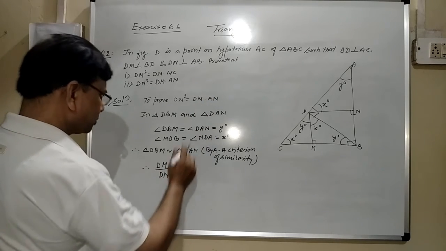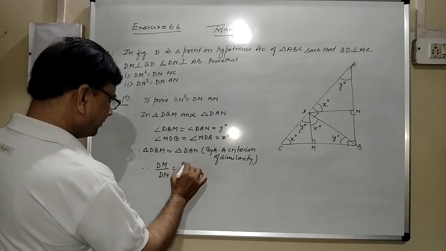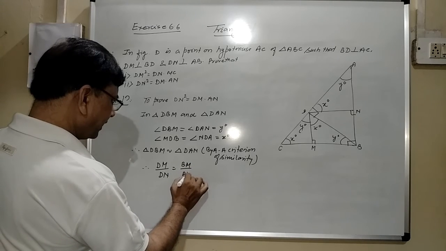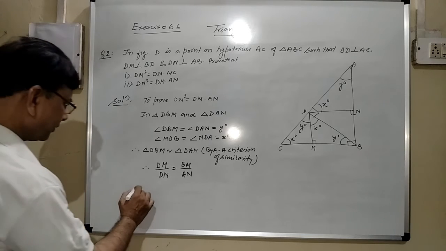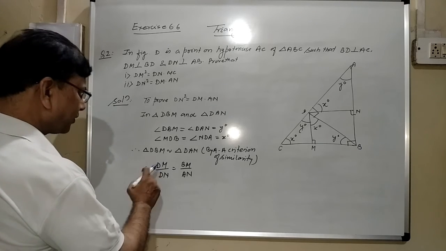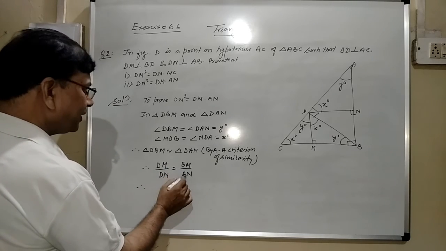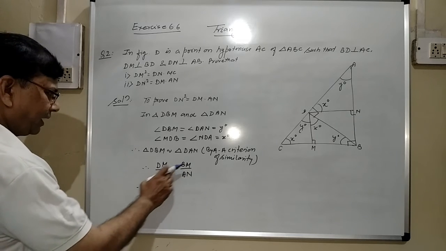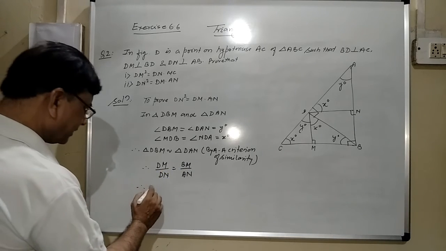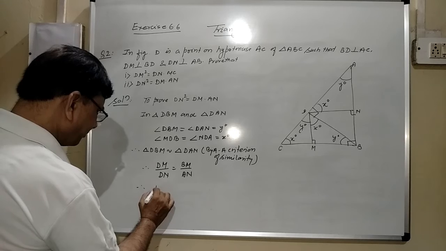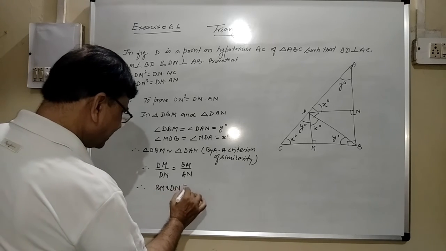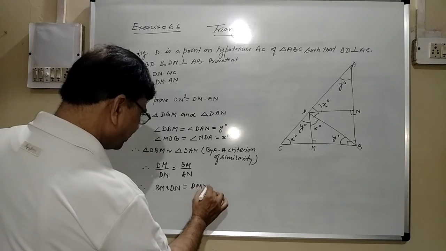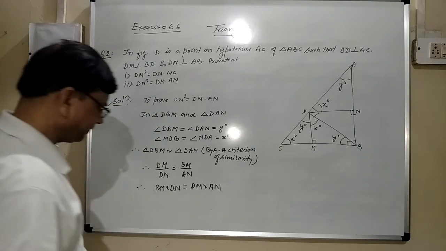We want AN also. So BM upon AN. This relation we will be getting. Therefore, by cross multiplication, BM into DN is equal to DM into AN.